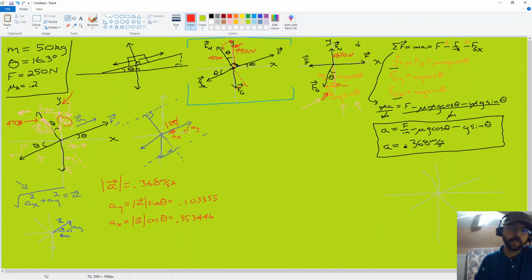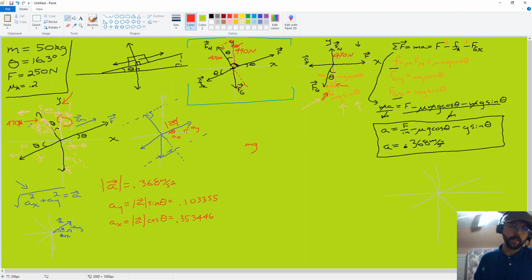It's supposed to say 470 newtons. If we take force normal y to be F_g, let's just pretend that it's true. So we would have force normal y is equal to mg. Once again, I'm ignoring signs because it's going to be easier just to plug in the signs at the end where it makes sense.